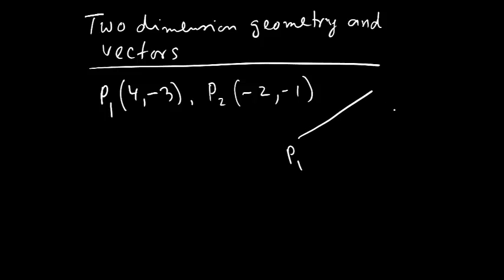Two-dimension geometry and vectors. Suppose we have P1, a point (4, -3), and P2, a point (-2, -1).